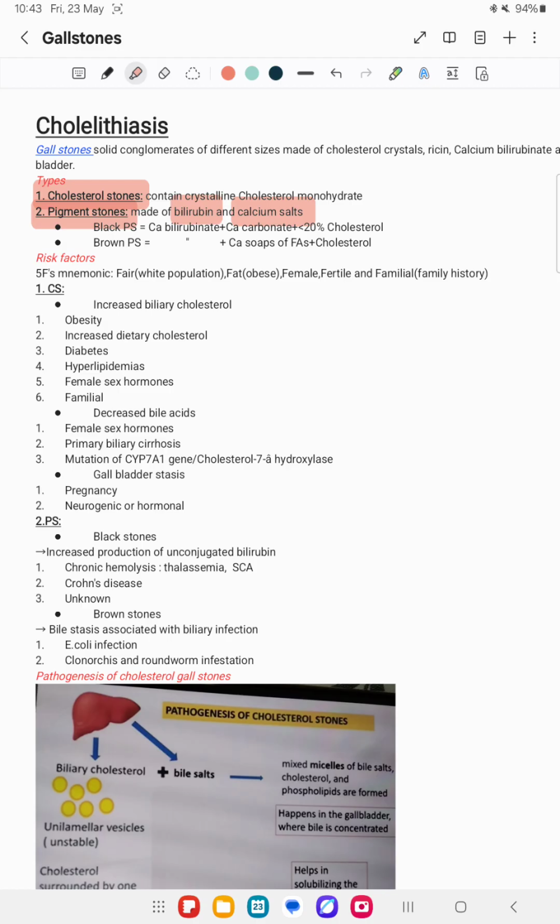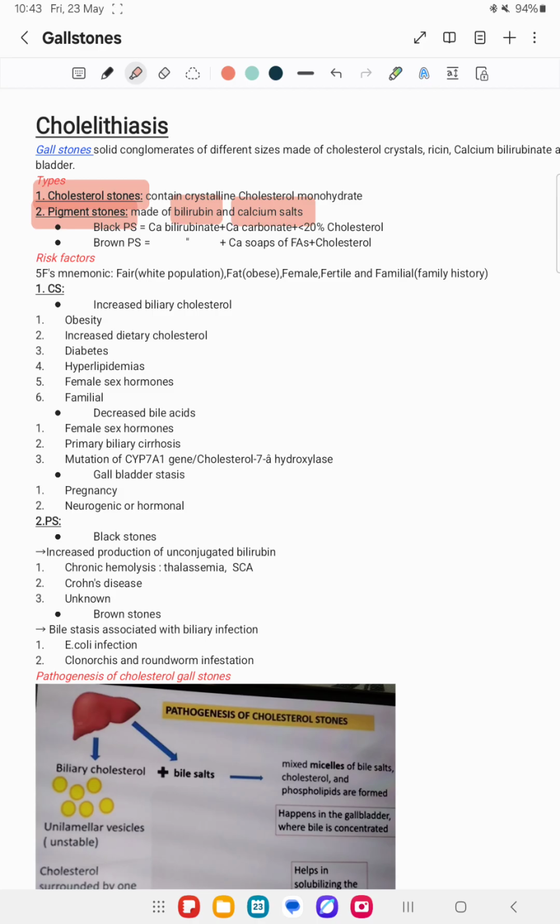Now these pigment stones can be of two types, black pigment stones and brown pigment stones. Both of these contain three similar things, which are calcium bilirubinate, cholesterol and calcium, except that in black pigment stones we have calcium carbonate, carbon, black, okay? And in brown pigment stones we have calcium salts of fatty acids. What are the risk factors for gallstones? How can someone be at more risk for having these gallstones?